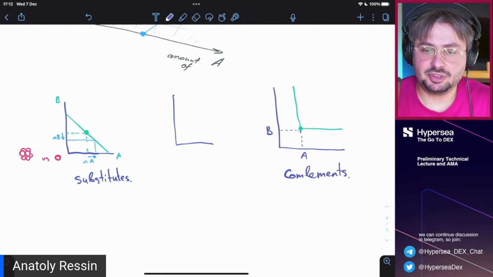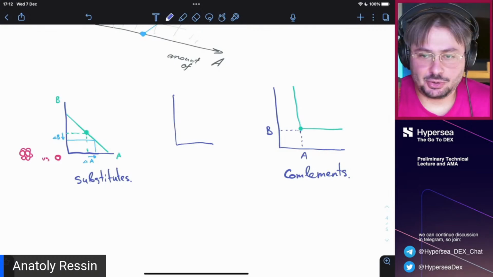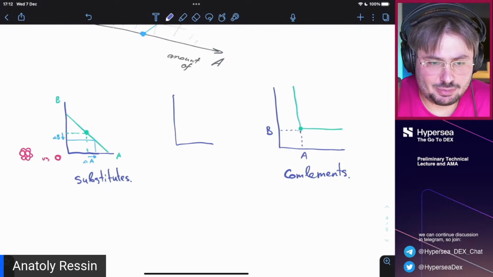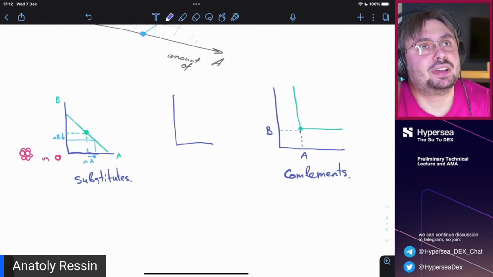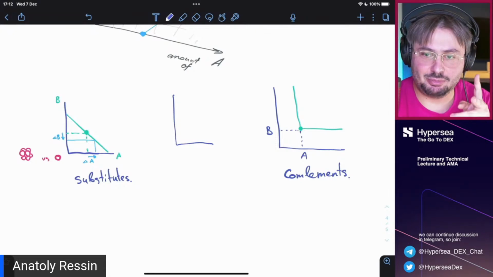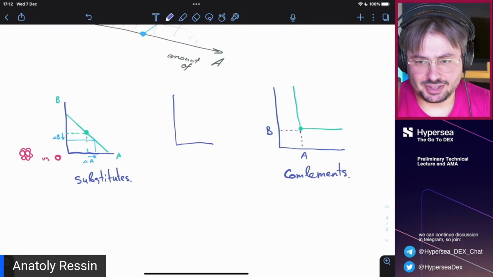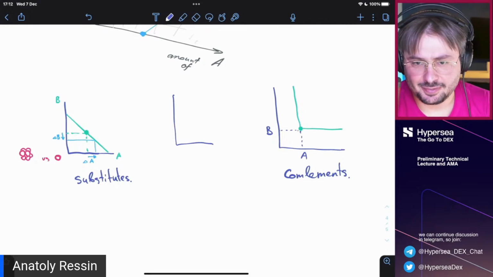They're complementary to each other. So it means that one has zero utility without the other. Can you imagine something that can be divided into parts, and one part is not functional without another part?